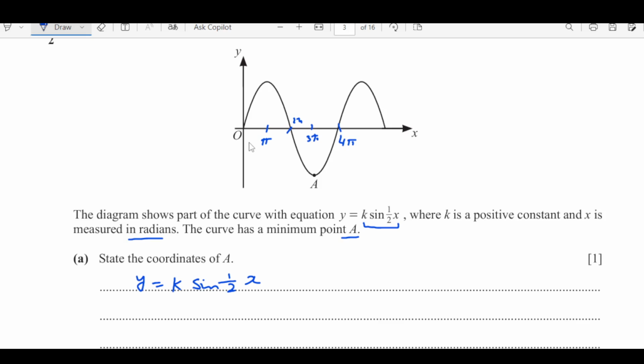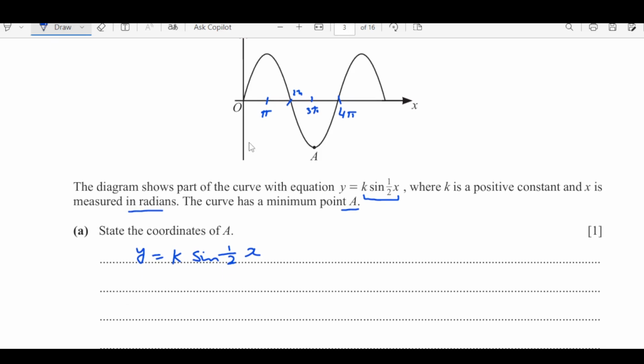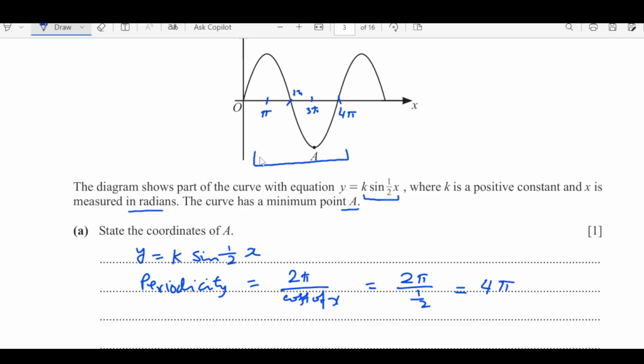We have to find the periodicity of this first. So the periodicity is equal to 2 pi over the coefficient of x. So 2 pi over half, that is 4 pi. So you can see the periodicity here is 4 pi.